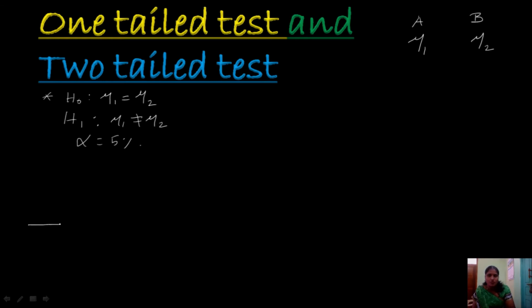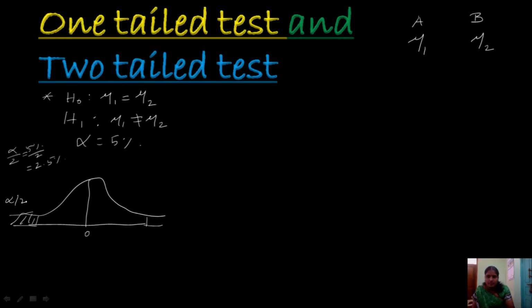Let me show you this by drawing a standard normal curve. It's a bell-shaped curve. So if it is 5%, definitely the critical region falls in two tails. So alpha by 2 is 5% over 2, which gives 2.5%.